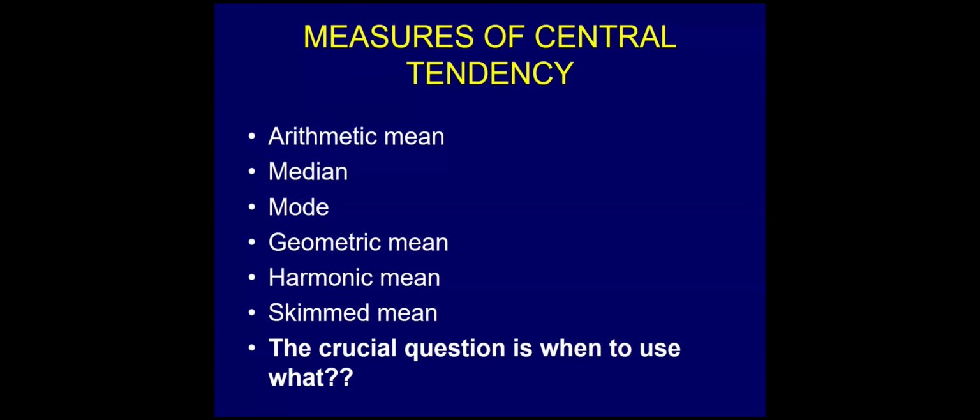There are several measures: mean, median, mode, geometric mean, harmonic mean, skewed mean, too many. The most important thing is when to use what. Let us understand these things a bit so that we are clear when to use what.